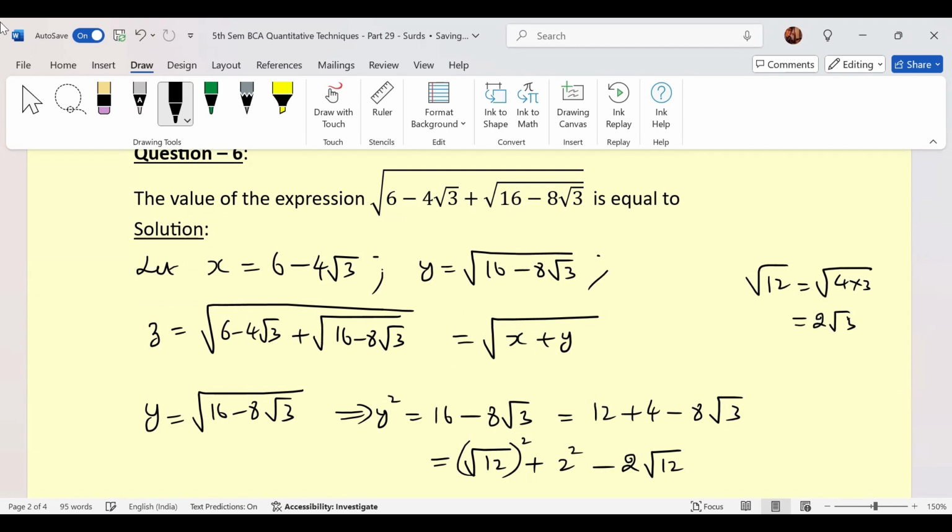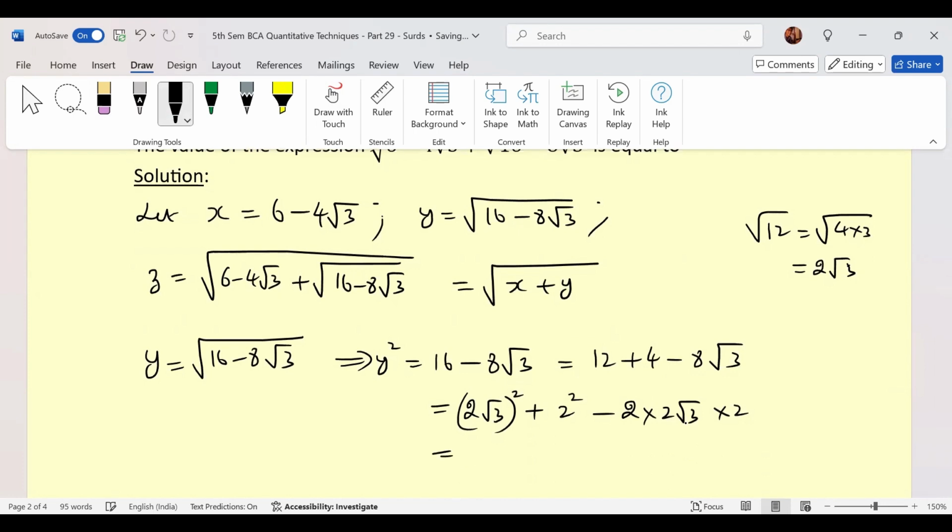So instead of writing root 12, I will write 2 root 3. 2 root 3 the square is nothing but 12. Here we will rewrite this as 2 times 2 root 3 into 2. So 2 into 2 into 2 gives 8. So this is nothing but 2 root 3 the square plus 2 square minus 8 root 3.